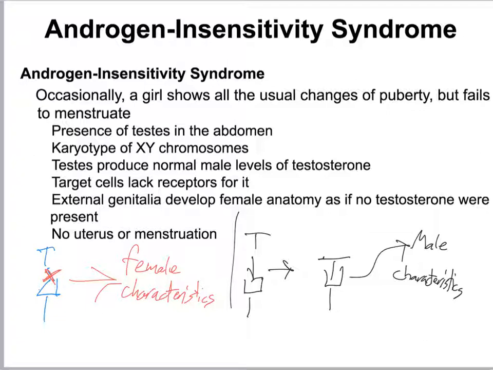Some of them are born phenotypically female, but when they hit puberty, they start making enough testosterone that it causes their body to start becoming male, and they begin to grow a penis, and their testes descend, which is probably kind of awkward. Typically, if they want to continue living as a hormonally normal female, they will require hormone treatments, estrogen and progesterone, in order to continue female development through puberty.